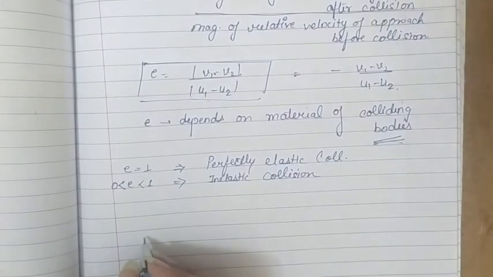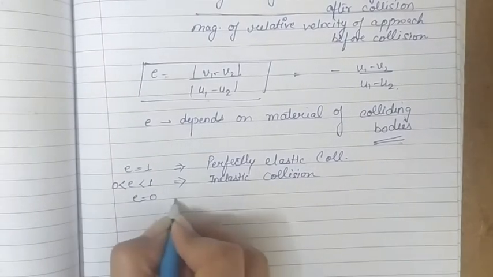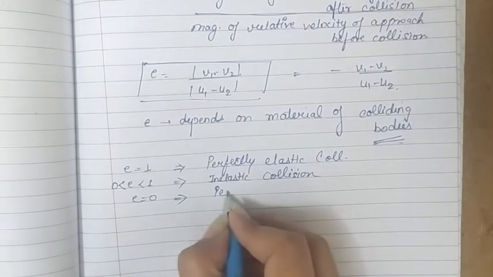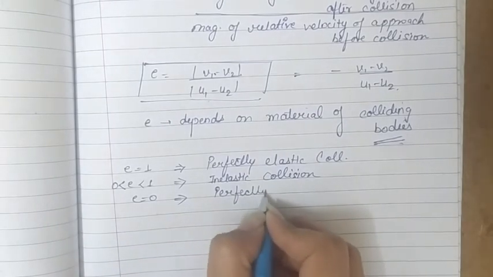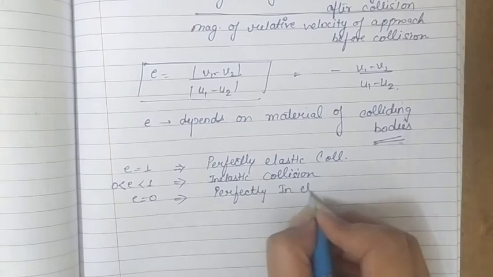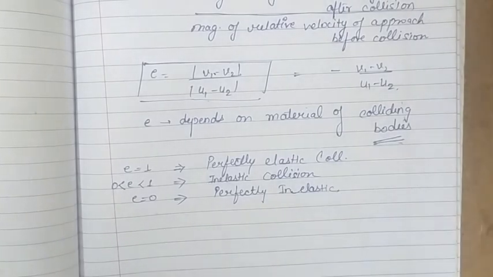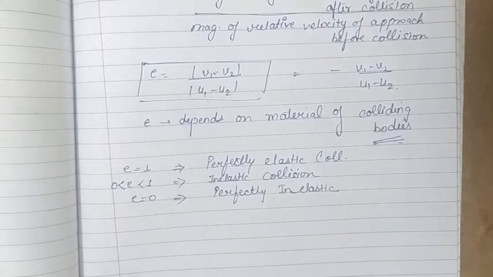After this, if e is exactly equal to 0, then the collision is perfectly inelastic, because in such case the two bodies move together with a common velocity and the relative velocity of separation is 0.